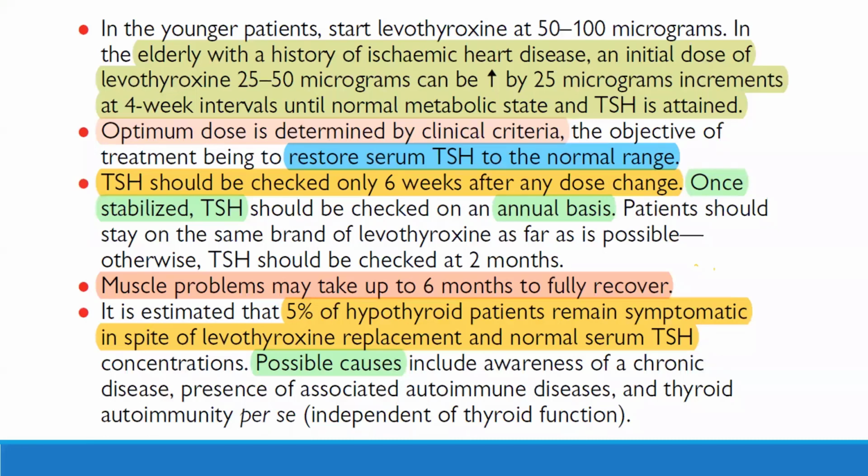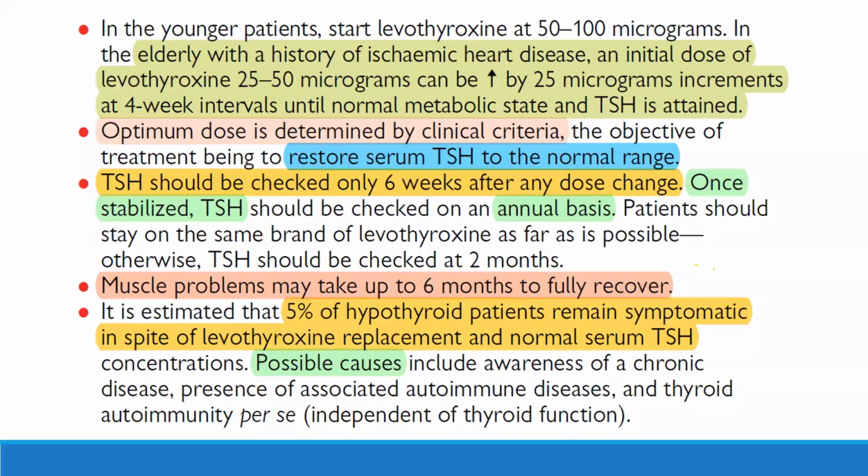The muscle problems may take up to 6 months to fully recover. The skin manifestations usually improve after 3 to 6 months. So dry skin, eye puffiness, and hair loss don't improve rapidly. And still 5% of hypothyroid patients remain symptomatic in spite of levothyroxine replacement and normalization of the TSH. For this small percentage, we can consider combination therapy with T4 and T3, but not routinely.